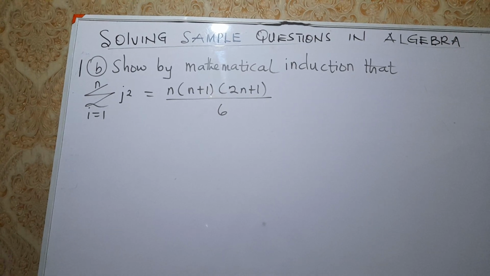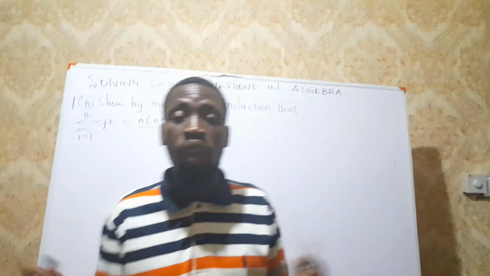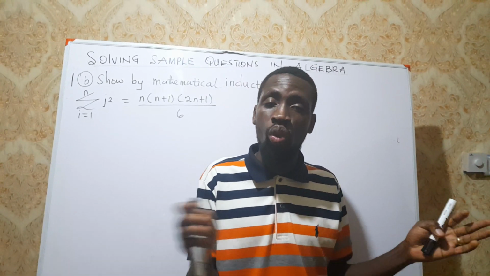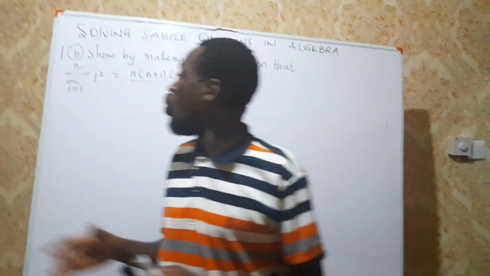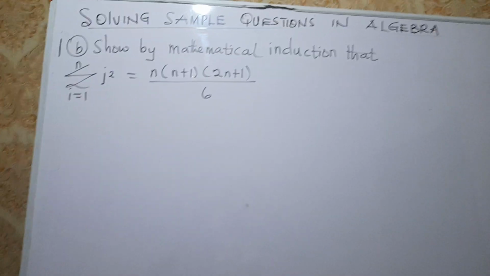So when we have sequences, the sum of sequences put together forms a series. That's the sum of a sequence forms a series. So we say that this is a series because it's a sum of a sequence put together.